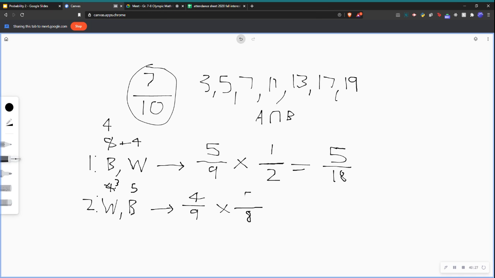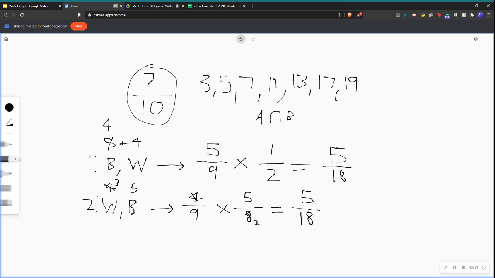One less marble, 5 black marbles. There we go. And then we can simplify this, cross these out. That'll become 2. You'll also get 5/18, which is nice. Yeah, these are equal.